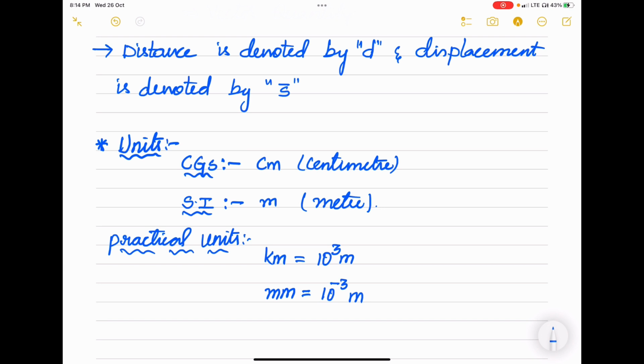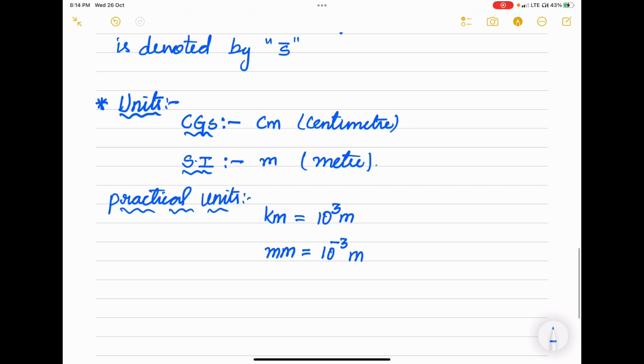Bond length is of nanometer or micrometer. So many things are there with submultiple prefixes. At the same time, multiple prefixes are also there, which we have learned in earlier classes only. So by adding all those prefixes, the unit of a meter, that is a distance or a displacement, can be converted into practical units to be used in our day-to-day life.